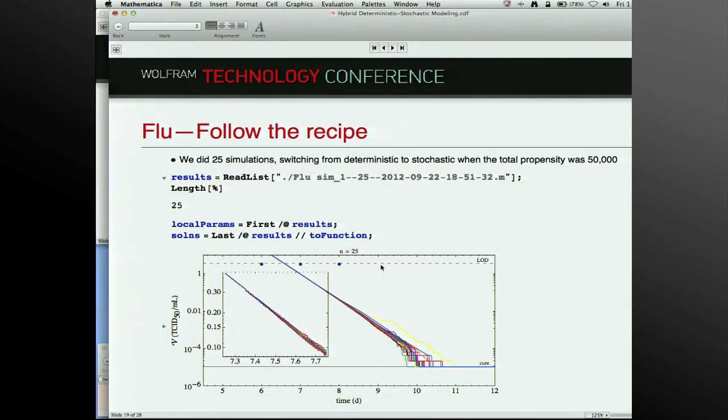And that we do by choosing when the variation in the observables of interest to us, the variables of interest, are varying about 1%. And here I did 25 simulations, and I wanted to find out when the variability across those simulations was about 1%. And when we look at it, it occurs out here at around 0.75.